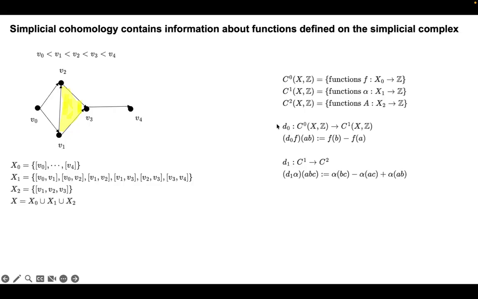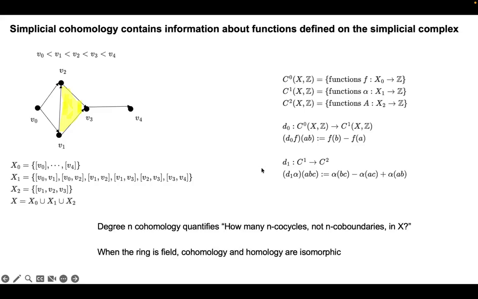Also, in this case, we can define a boundary operator. So the same situation happens. Degree n cohomology quantifies how many n-cocycles, but not n-boundaries, are in X. A non-trivial theorem is that when the ring becomes a field, homology and cohomology are isomorphic as vector spaces. So F should be homologous.